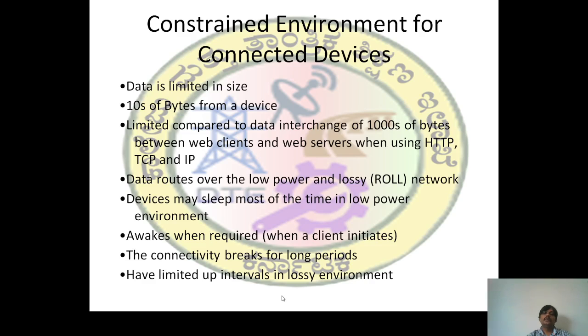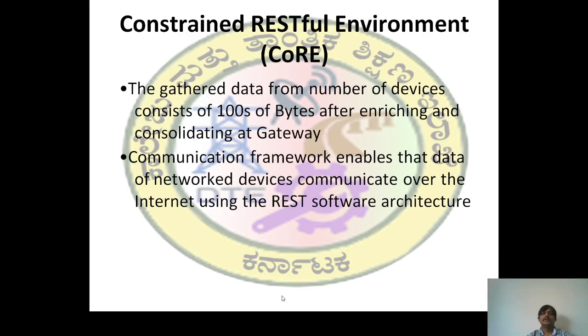Data routes over the low power and lossy network. Devices may sleep most of the time in a low power environment, and they will awake when required, when a client initiates. So the connectivity breaks for long periods, and there are limited up intervals in a lossy environment.